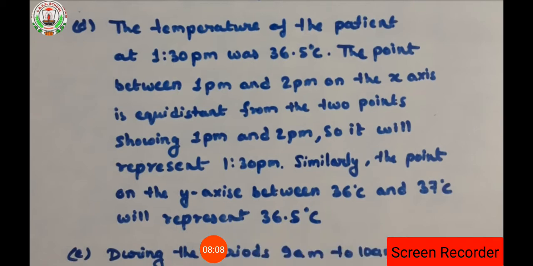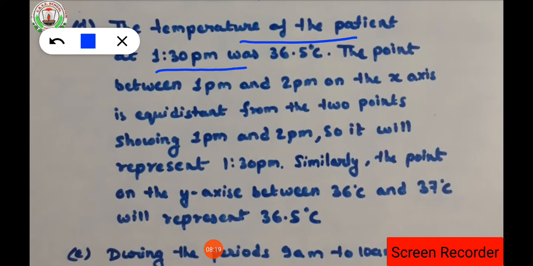Now in the D part of the question, what is said? It is said, what was the temperature at 1:30 p.m.? How did you arrive at your answer? So the temperature of the patient at 1:30 p.m. was 36.5 degree centigrade. As I told you, between 1 p.m. to 2 p.m. the temperature is constant, that is 36.5.